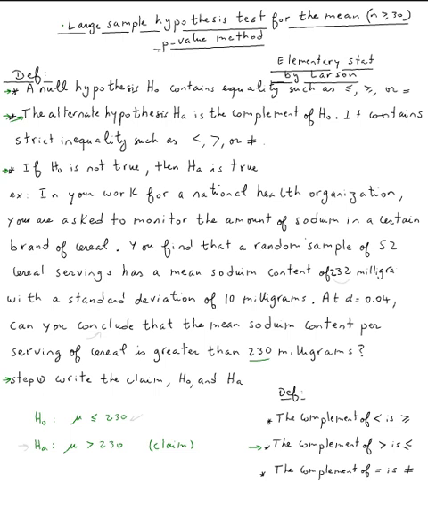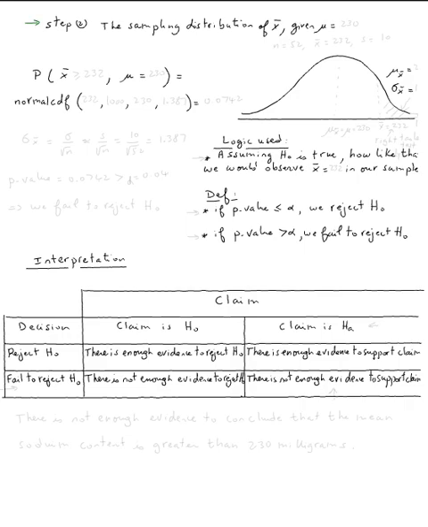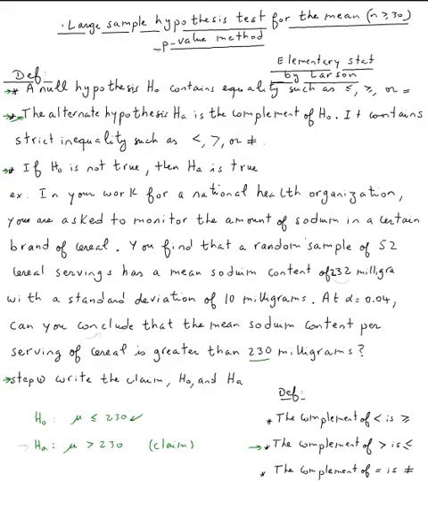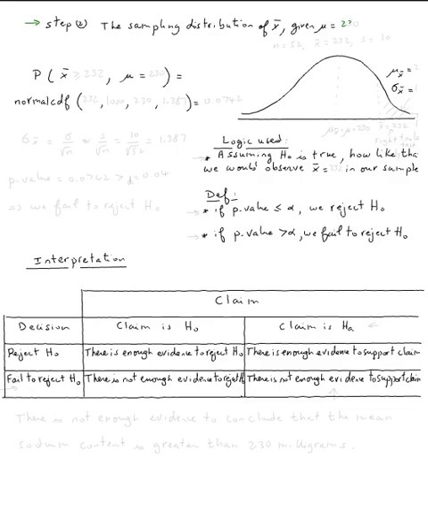Now what's next? Let's look at step number 2. Step number 2, we always look at the sampling distribution of X bar given that mu is equal to 230. In other words, remember from the sampling distribution, we know that mu of X bar is just going to be equal to mu, which is in this case 230. So what's the logic here?